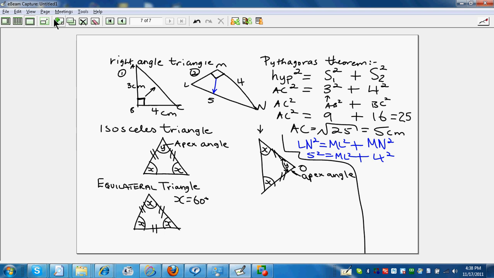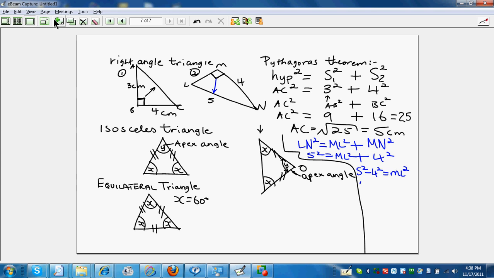So you see the equation now looks different to what we had done in the first place. Right? So we'll have to solve for ML in that equation. So from this equation, we could write that 5 squared minus 4 squared is equal to ML squared. We'll minus 4 squared on the right hand side. We'll minus it on the left hand side.